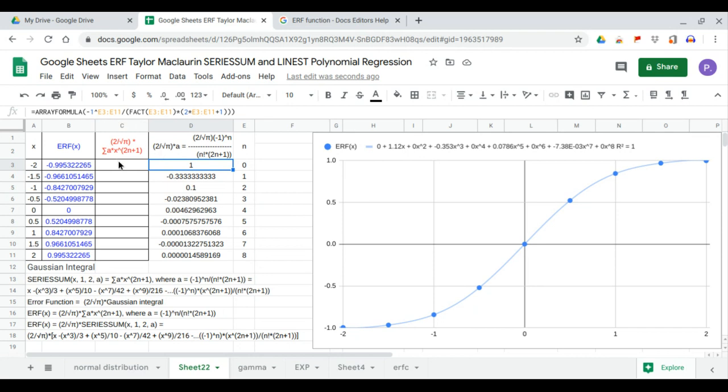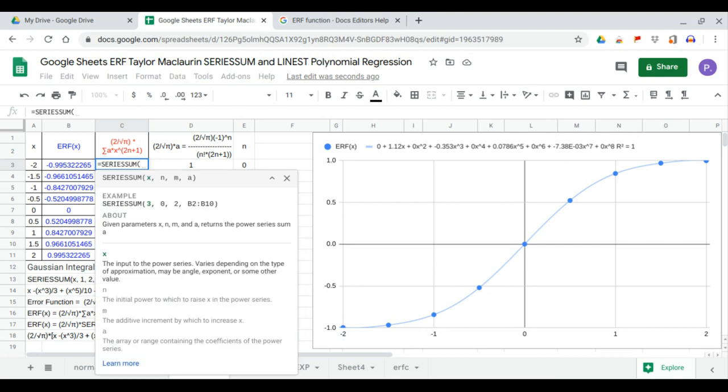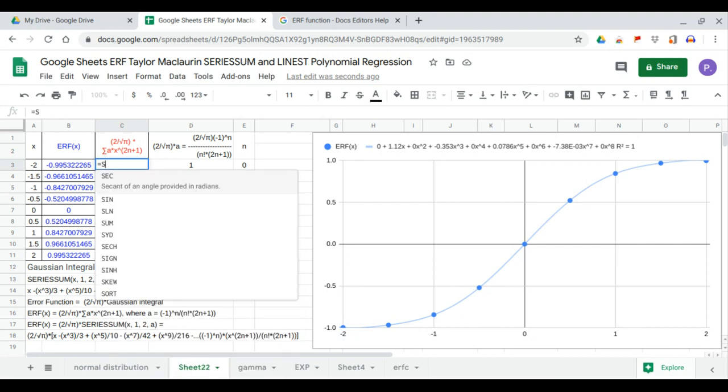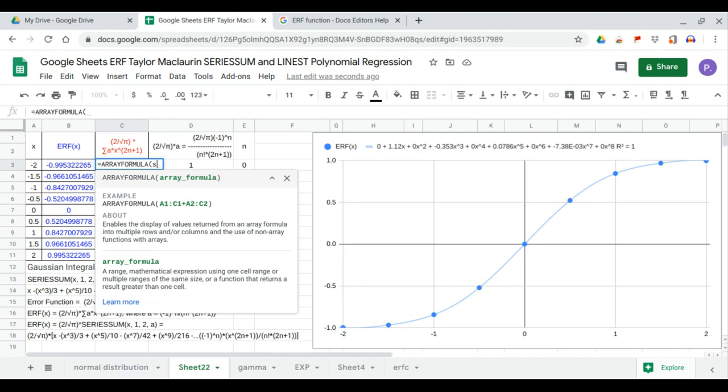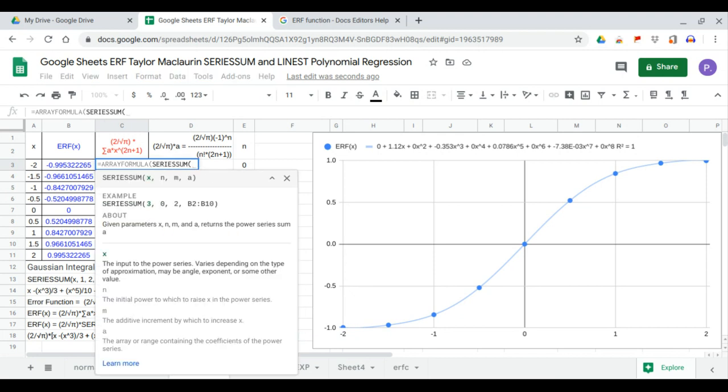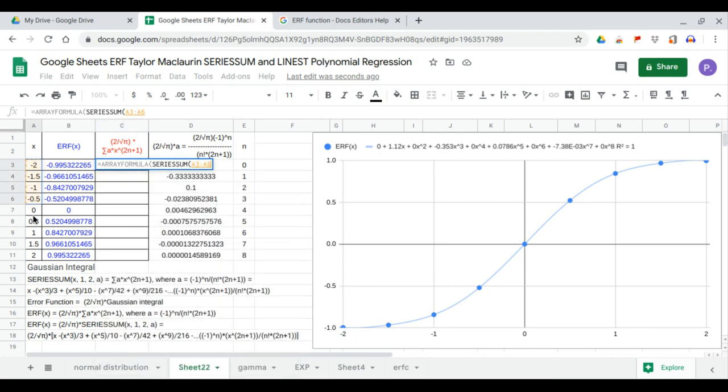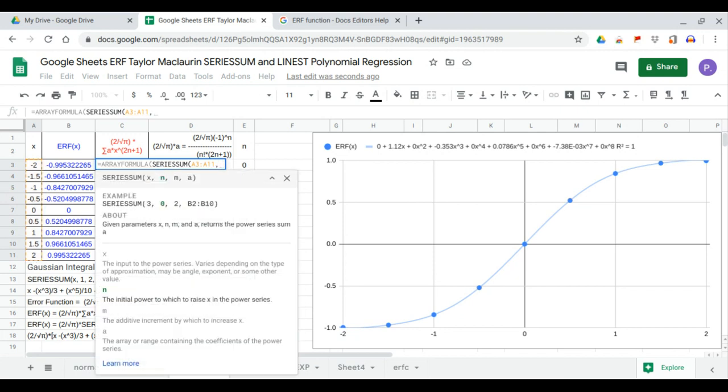So before we do that, let's show the Gaussian integral, which is equal to SERIESSUM, a formula, SERIESSUM of the x values raised to the power. For the first term will be 2n plus 1.